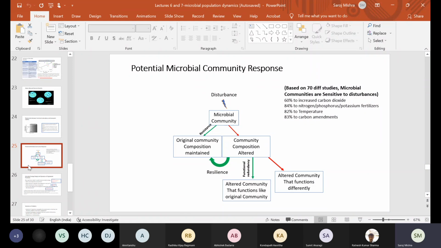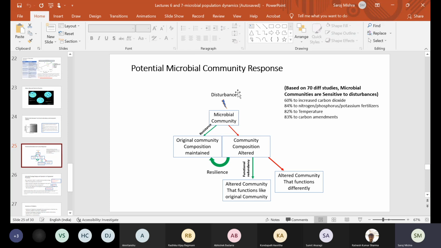You talk about diversity, you talk about microbial ecology. Where does it actually fit in eventually in the area of environmental biotechnology? So, you always need to look back, you need to make a connection all the time. So now, here is a picture which illustrates how microbial communities respond to outside factors.